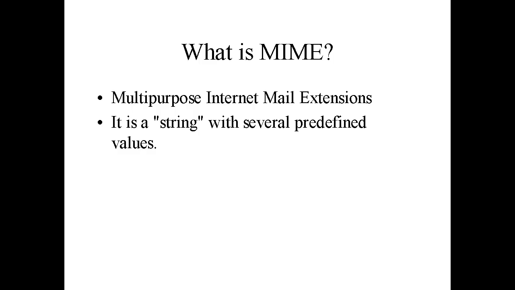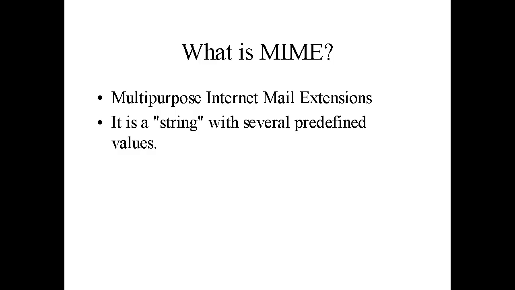So Multipurpose Internet Mail Extensions date back to the first time somebody decided that you needed to send something other than ASCII text along with your mail. So your mail transfer agents had to be extended in order to pass through data that was not just text.